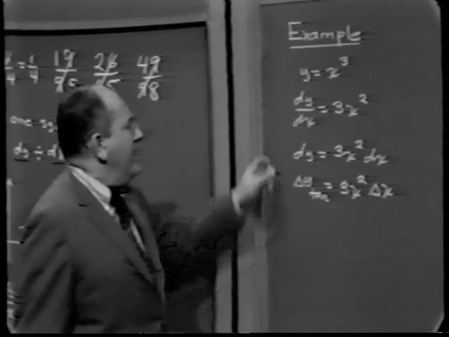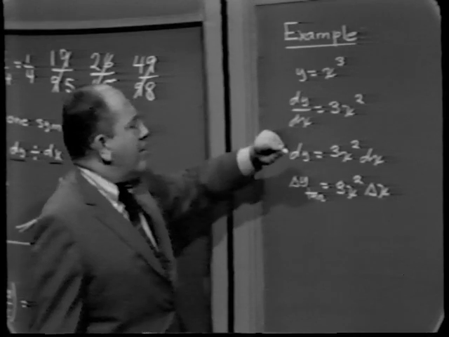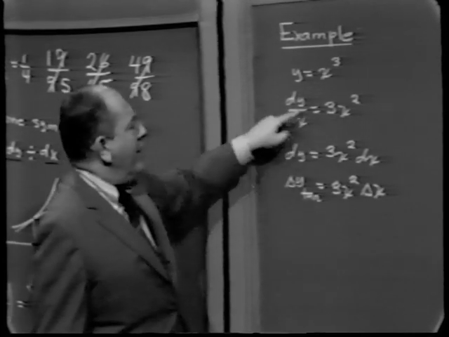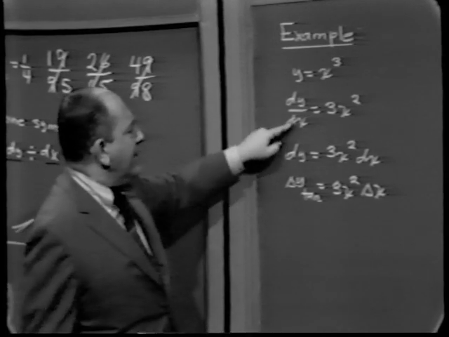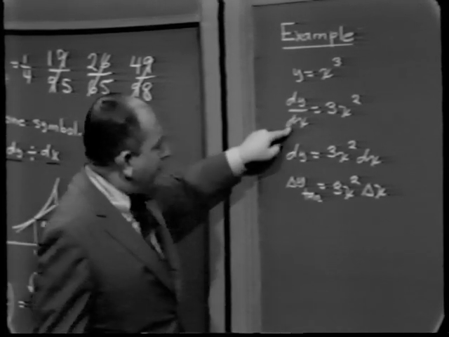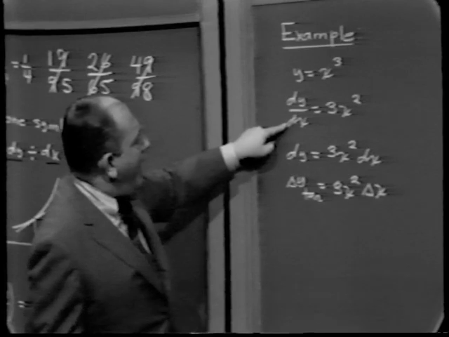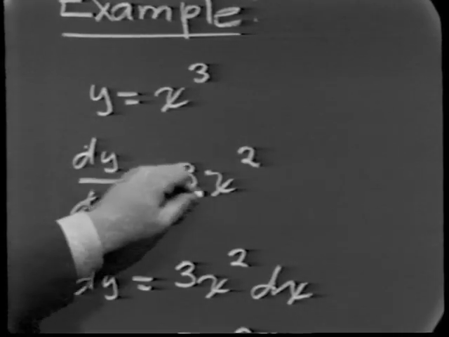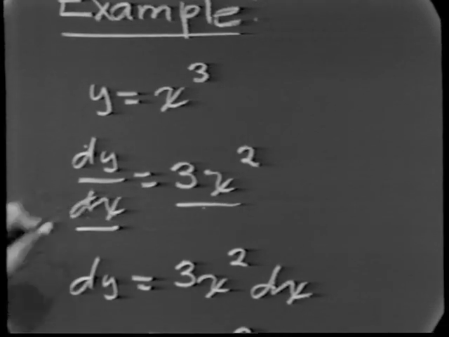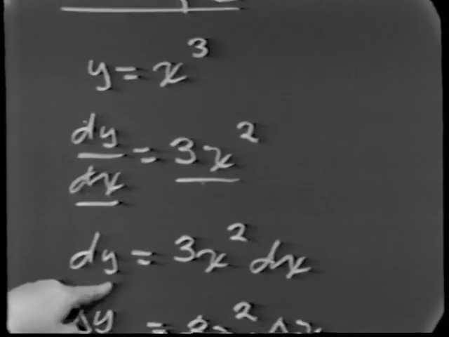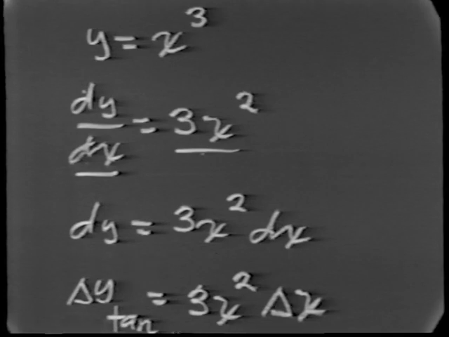Well, that's easy to show in terms of an example, just mechanically. Remember, given y equals x cubed, we've already found that dy dx is 3x squared. This thing practically begs to be treated like a fraction. We would like to be able to say, if this divided by this is this, why isn't this equal to this times this? In other words, why isn't dy equal to 3x squared dx?